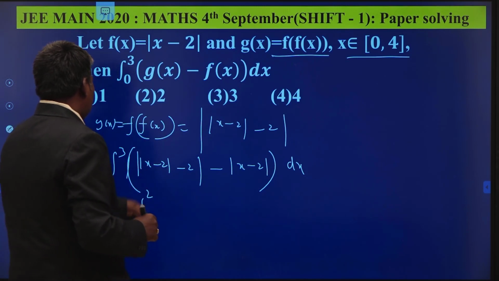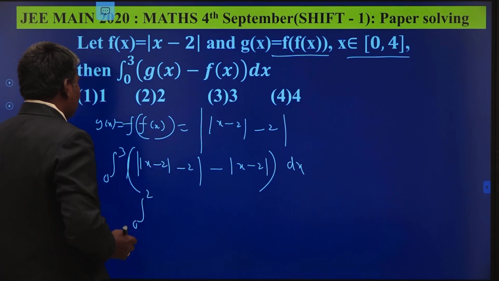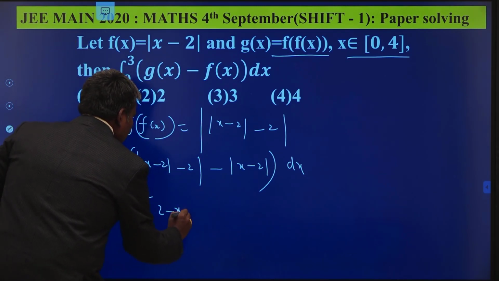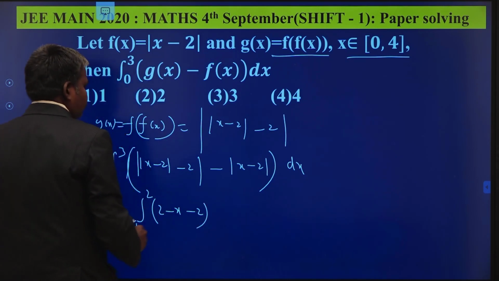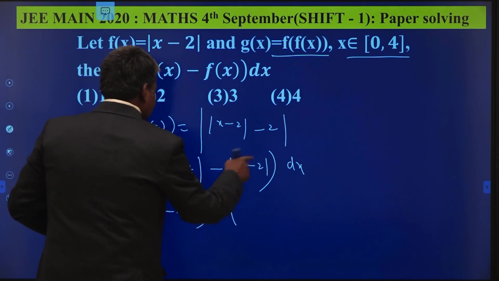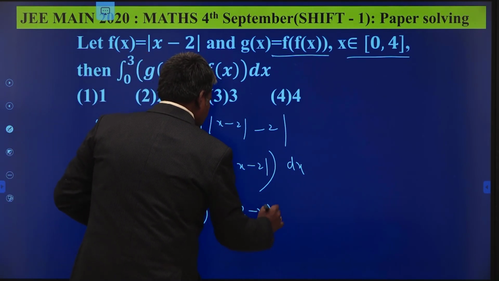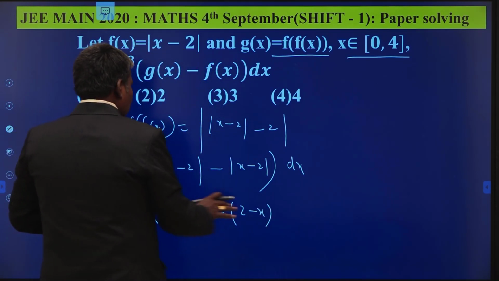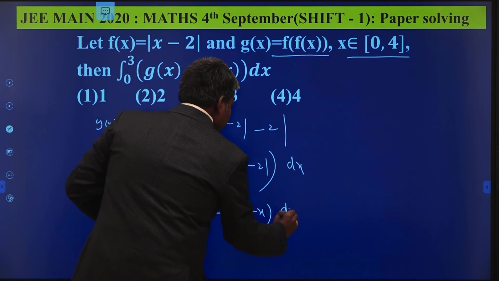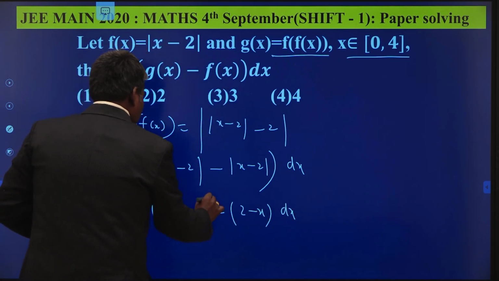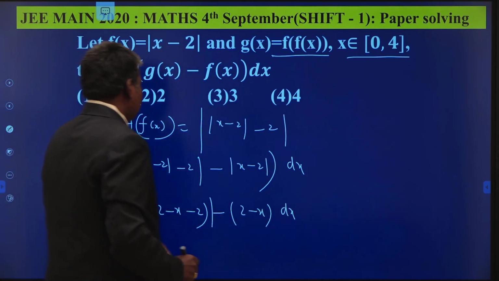Modulus of x minus 2 from 0 to 2, mod x minus 2 is what? 2 minus x. That is negative, so that is 2 minus x I am writing here. So this is the value, dx. There is one mod here.